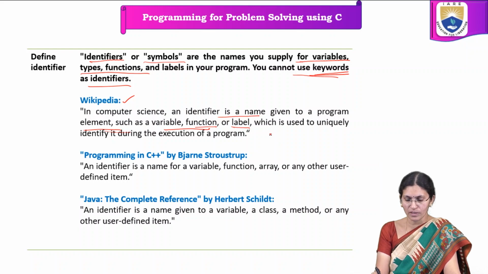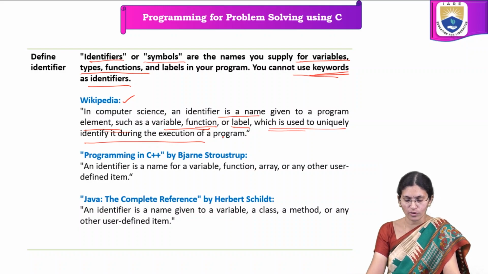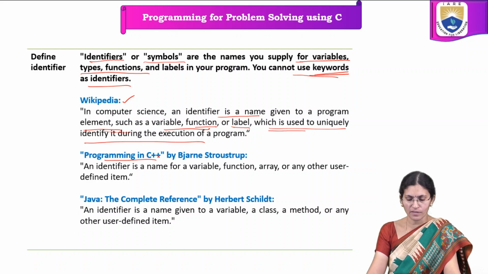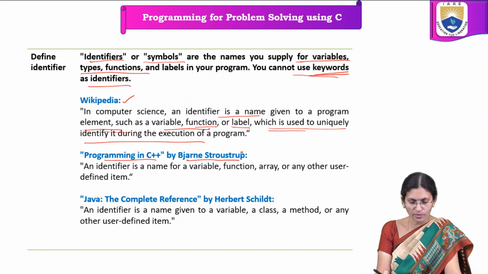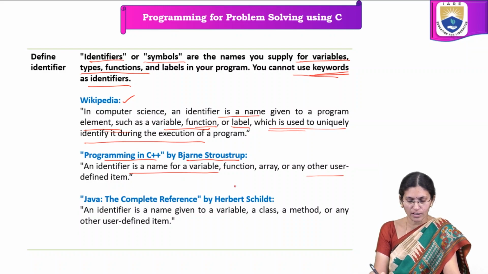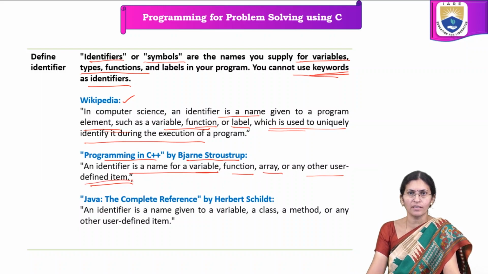In order to name them, we have the concept called identifier, which is used to uniquely identify it during the execution of a program. In the textbook Programming in C++ by Stroustrup, an identifier is a name for a variable, function, array or any other user-defined item.